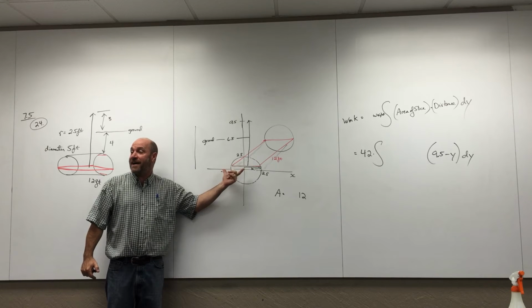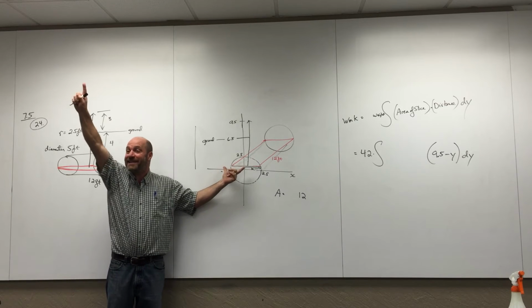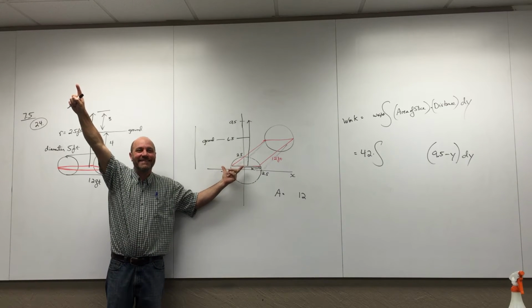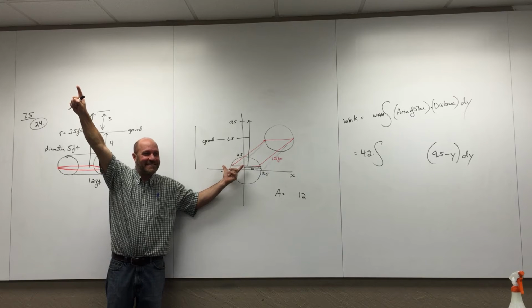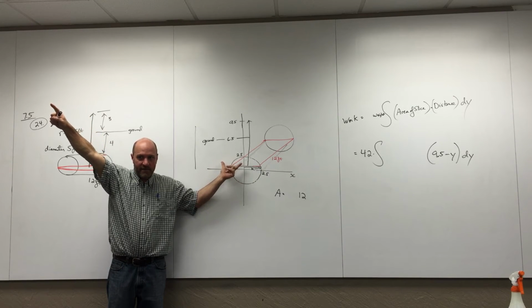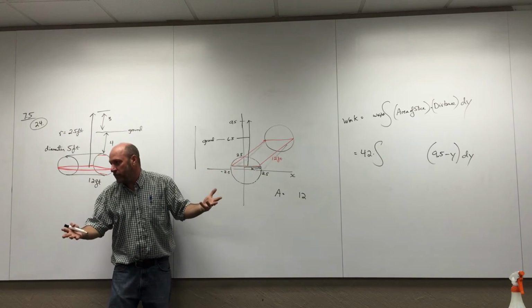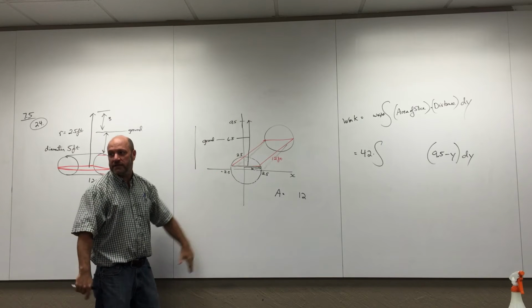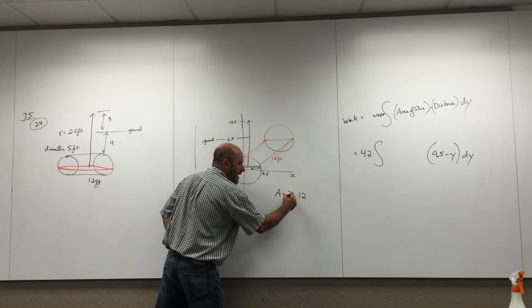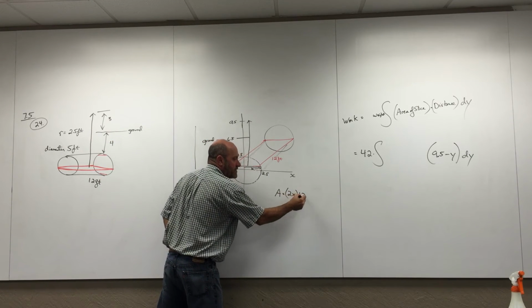What would you call the entire width? 2x. Brilliant. That's the key. That width is 2x. Do you see it? From the y-axis over, we call that x. That's half the width. The width is 2x. So the area is 2x times 12.